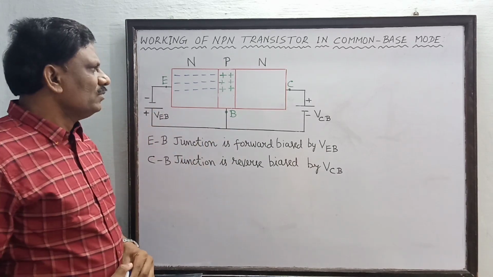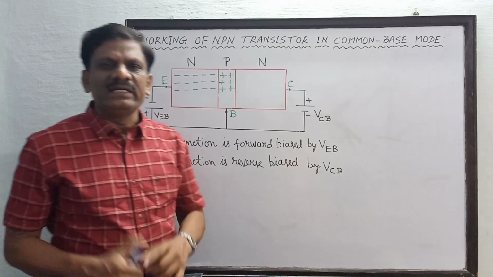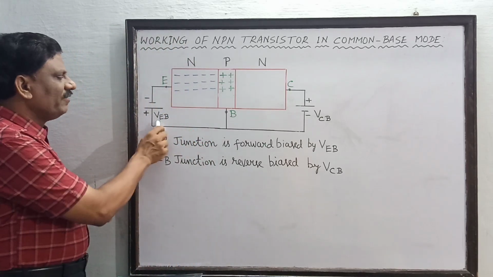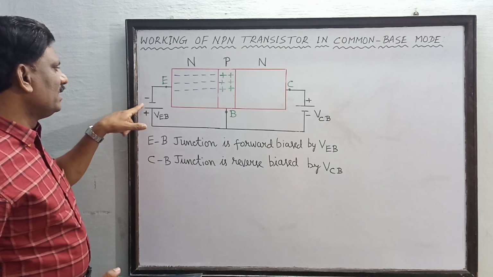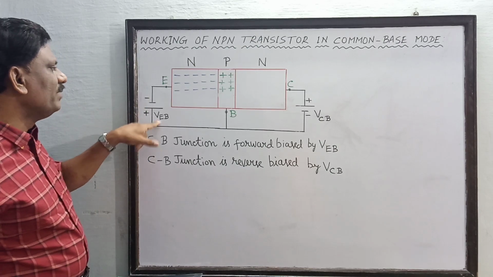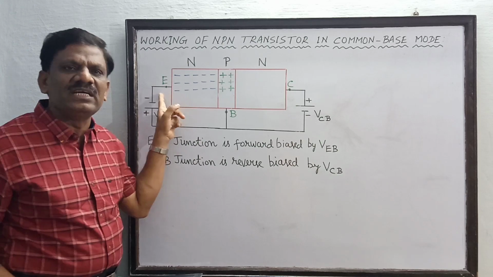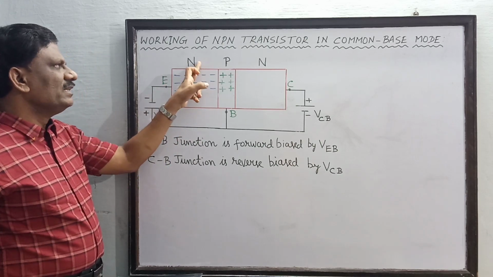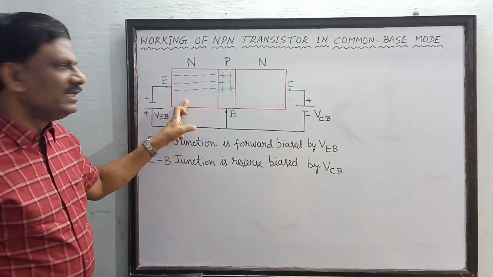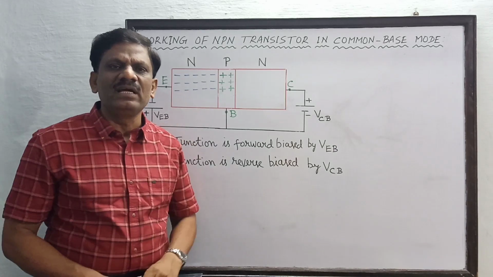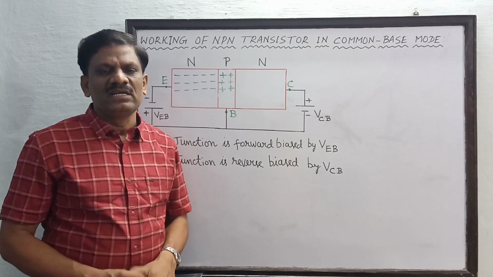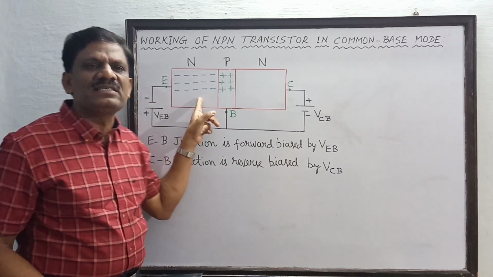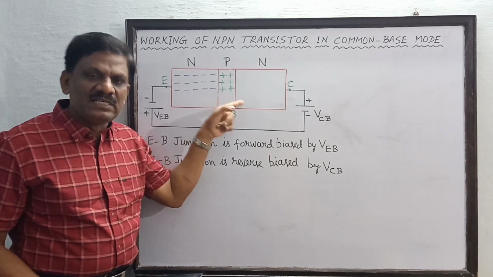Now how does the working take place? It is very simple. We start from the supply battery VEB. Since the negative of the supply battery VEB is connected to the emitter region of this transistor, where the emitter region is an N-type semiconductor inside which the electrons are the majority charge carriers, this negative potential of the battery will repel these electrons towards the base region.